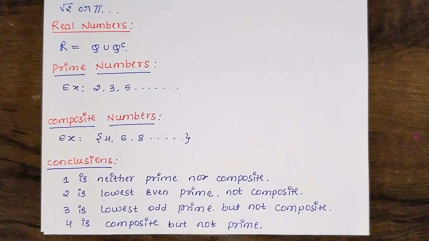There are some important conclusions. Here 1 is neither prime nor composite, whereas 2 is the lowest even prime but not a composite number. 3 is the lowest odd prime but not a composite number. And 4 is composite but not a prime number.